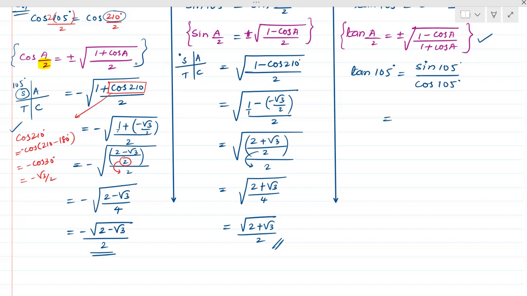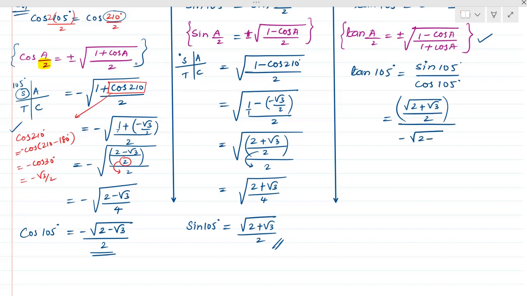What is the value of sine? This is sine 105, and this is cosine 105. If I substitute the sine, you will get square root of 2 plus root 3 over 2. So this is the sine value over cosine. What is cosine?